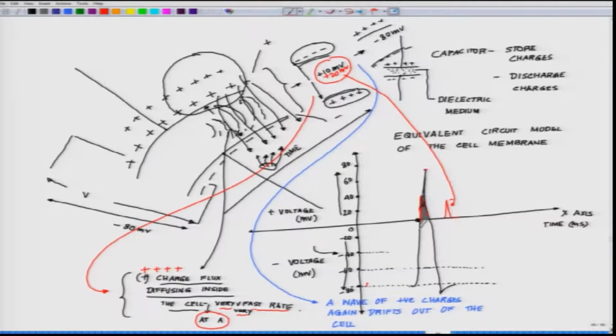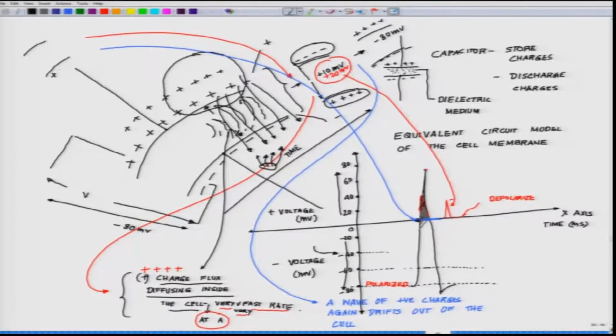So, if this is the polarized state of the cell, then this is your depolarized state of the cell. In between, a situation comes while moving through this zone of the curve, where across the membrane it is positive, negative, positive, negative, positive, negative, positive, negative.